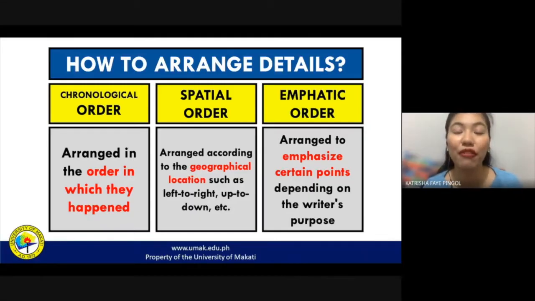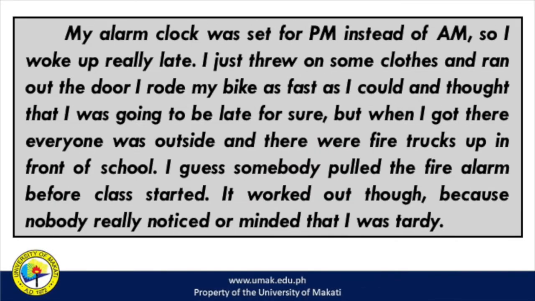Take for example from least to the most important, or the most important to what you think is the least important detail. Okay, so there's emphasis. You're trying to emphasize certain points in the particular text that you are going to be producing. Okay, read the following examples and try to figure out which particular order was used in each of these texts.